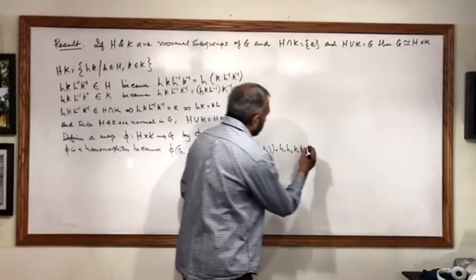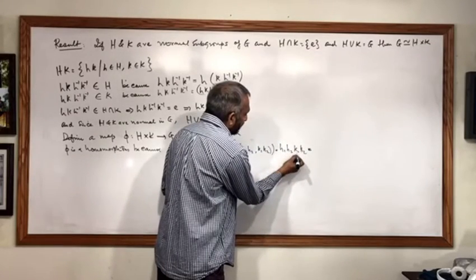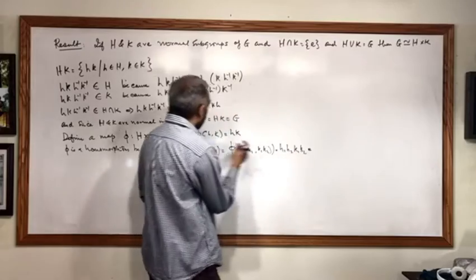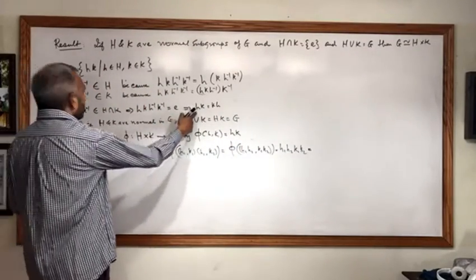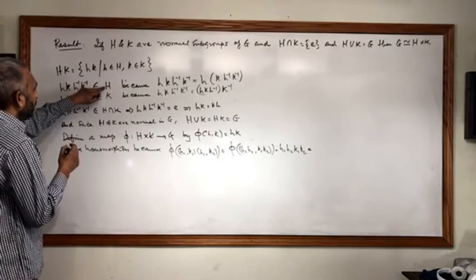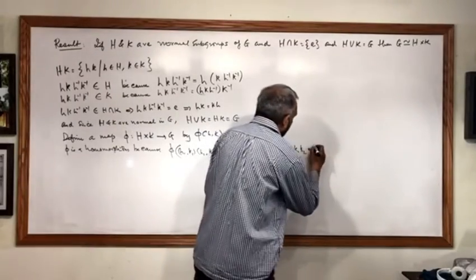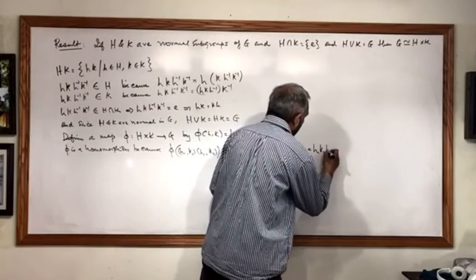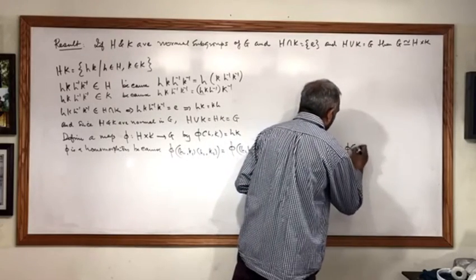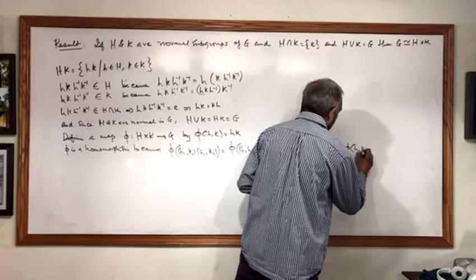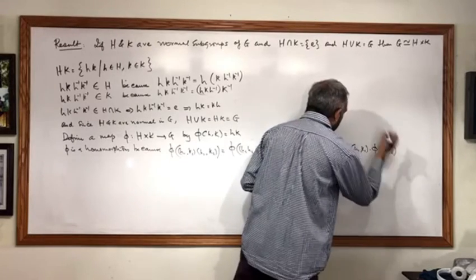And that is equal to, see, h2 k1 is actually k1 h2 because of this. If you take an element from H and an element from K, it commutes. So this is equal to h1 k1 times h2 k2. And that is equal to phi of (h1, k1) times phi of (h2, k2). So this is a homomorphism.